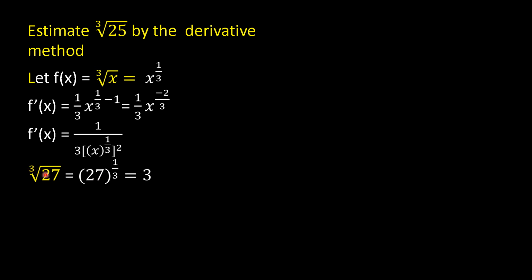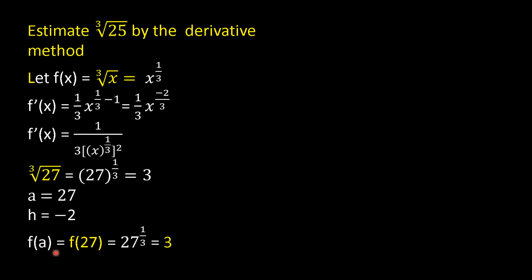A perfect cube near to cube root of 25 is cube root of 27, which is 27 to the power 1/3, which will be 3. So we have a equals 27 and h equals minus 2, because 25 minus 27 will be minus 2.